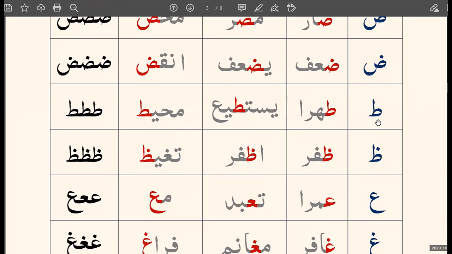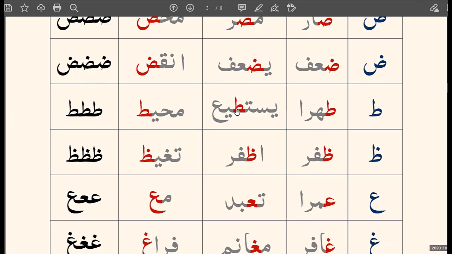Ta, ta, ha, ra, alif, ya, sin, ta, ta. Remember, you have to make a difference between the two, and this is another area which needs to be improved by all. In this case, after sin, ta has come, and this ta is flat and thin.